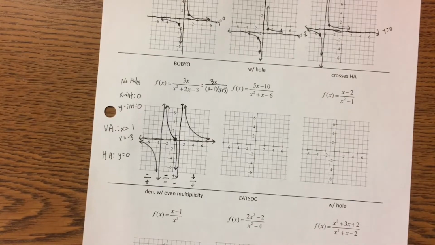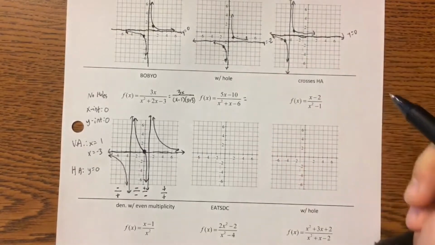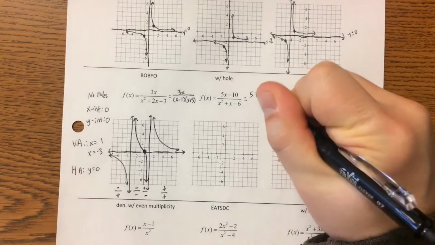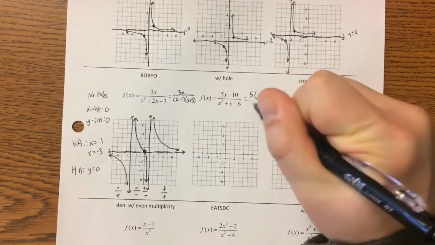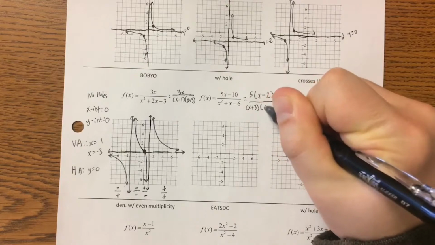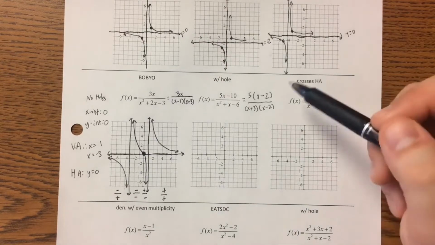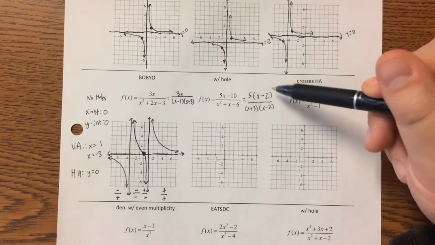Let's do another one. I'll just keep working here. So this one obviously is going to have a hole. Sort of a spoiler alert here. First I want to factor this. So this is going to be 5 times x minus 2 over x plus 3 times x minus 2. Now, I'm going to have a hole here, right?